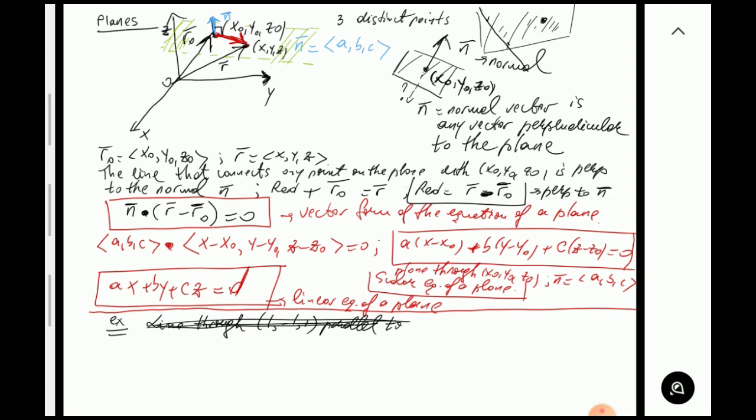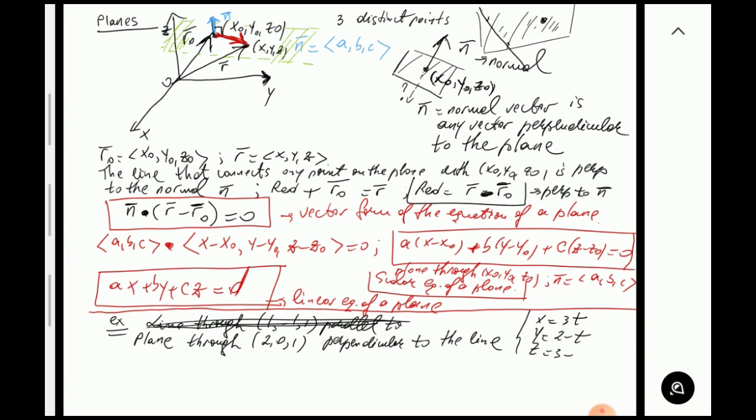I want the equation of a plane through the point 2, 0, 1 perpendicular to the line given by the parametric equations x equals 3t, y equals 2 minus t, z equals 3 plus 4t.